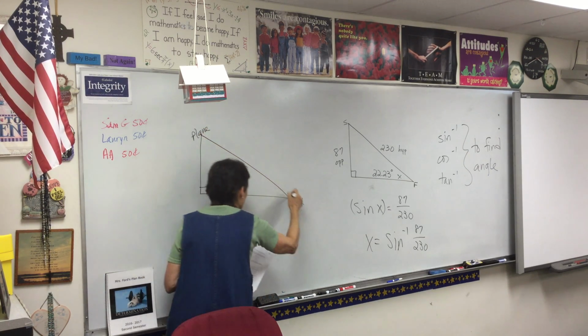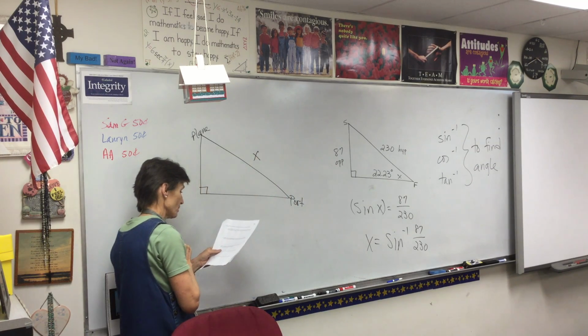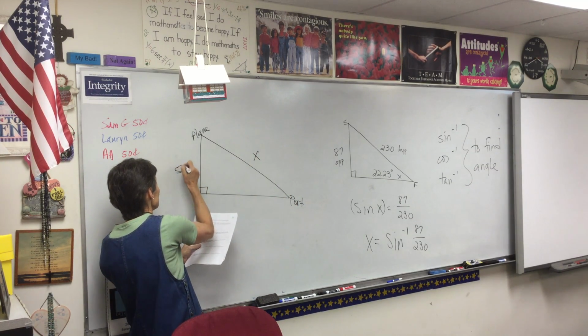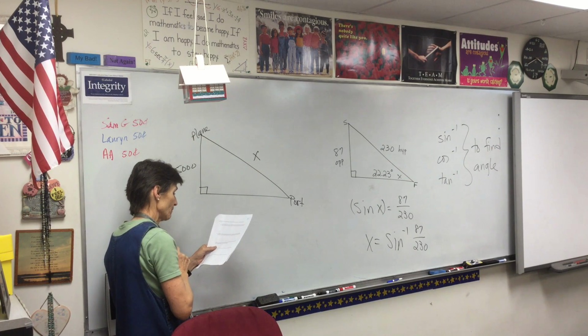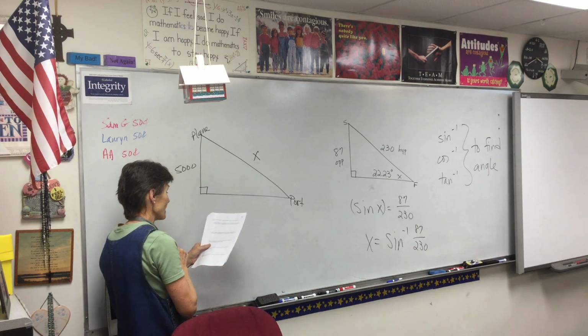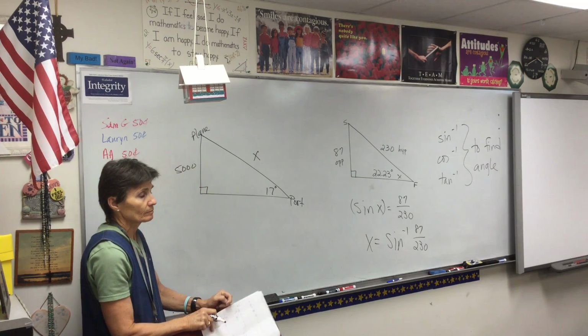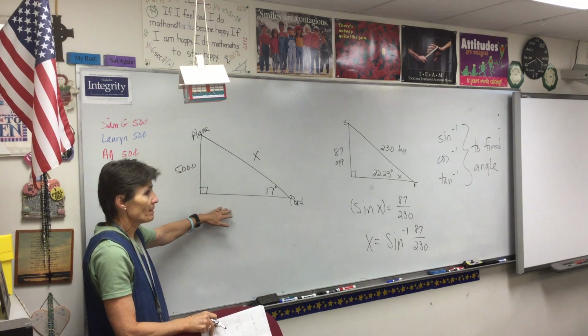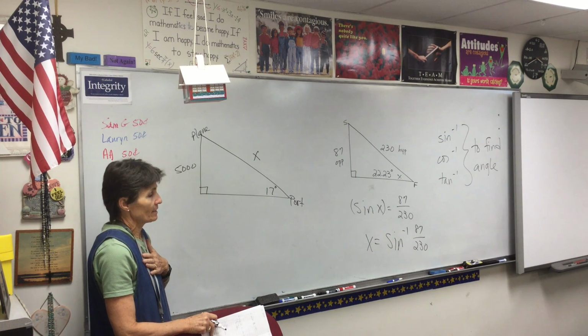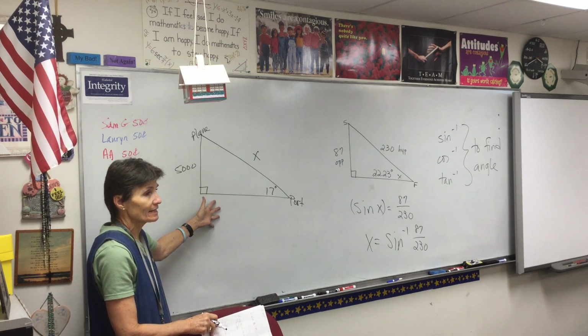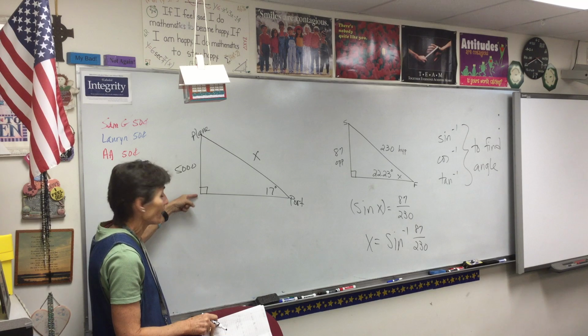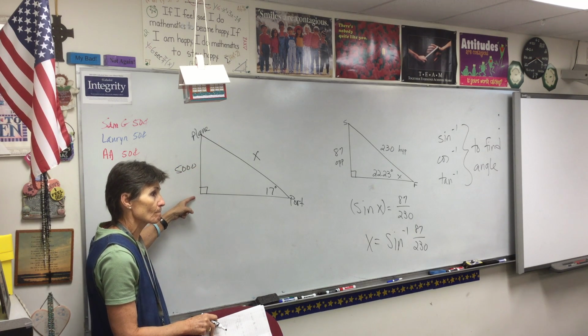How far is an airplane from the airport if he is currently 5,000 feet above the ground and the angle of depression is 17 degrees? Now look at my picture. I've done a million of these in my life, so that's second nature to me. Does everybody understand why I put the 5,000 here? 5,000 feet above the ground, right?